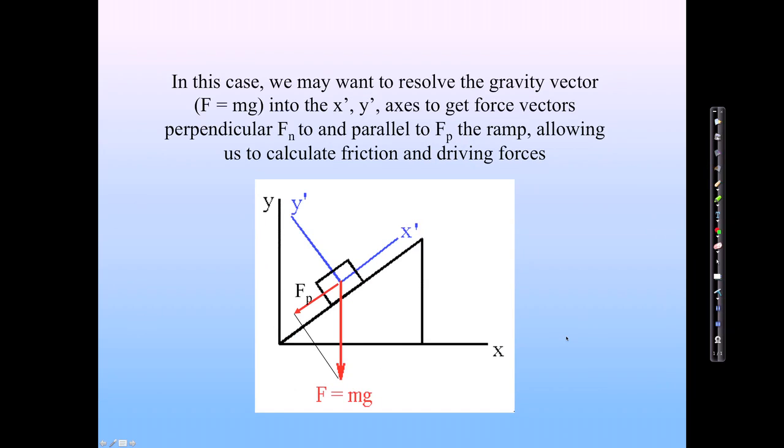And so Fp and Fn, Fp you could call the driving force, Fn being the y prime component, which is equal to the normal force, which is the force that holds this on the surface of the ramp, not allowing it to fall through.